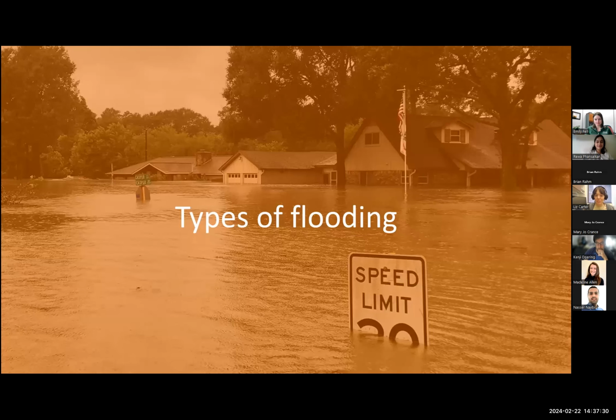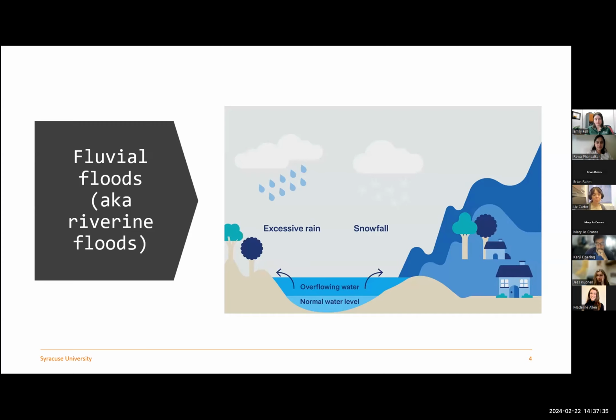Right, so first, the types of flooding. And this is hopefully going to be a recap. So probably the main type of flooding that we talk about in the United States is a fluvial flood. So fluvial floods happen when water flowing through a river or a stream exceeds the channel banks and spills out into the surrounding floodplain.